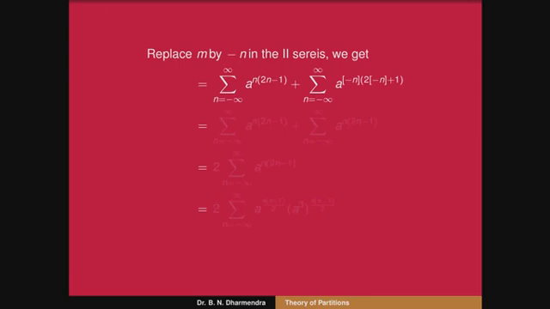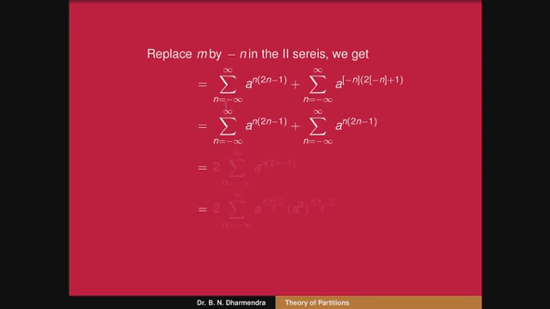So n runs from minus infinity to plus infinity, and when I replace m by minus n, that is 2 into minus n plus 1, I have to multiply the terms by minus. The first term containing minus, minus into minus, becomes plus; the second one has minus there, and when I multiply this becomes minus. Therefore both the first series and the second series are equal.